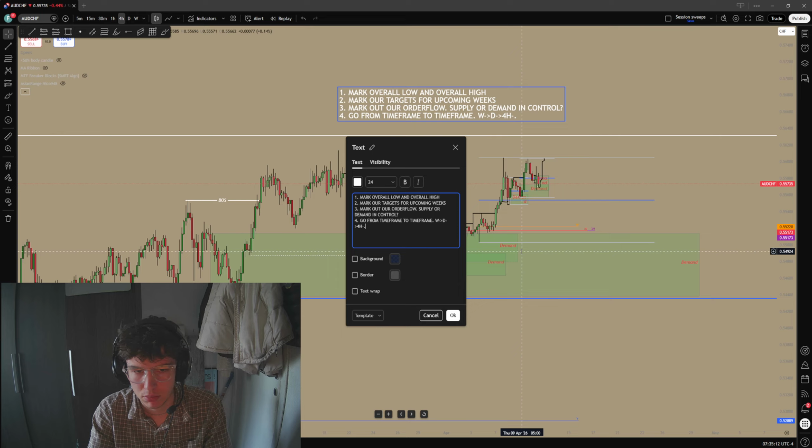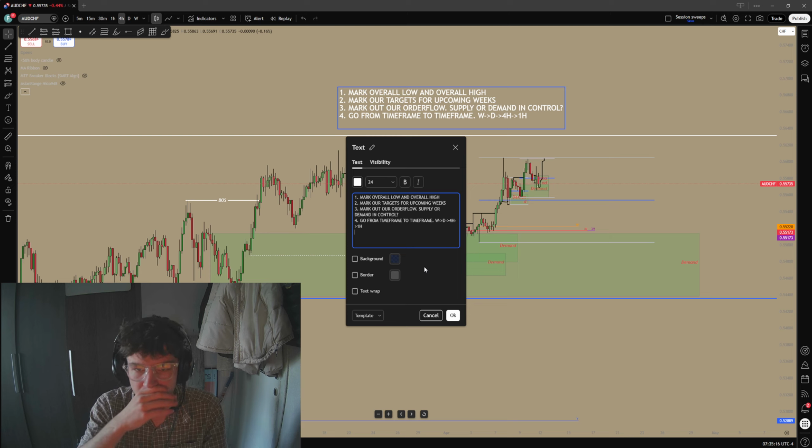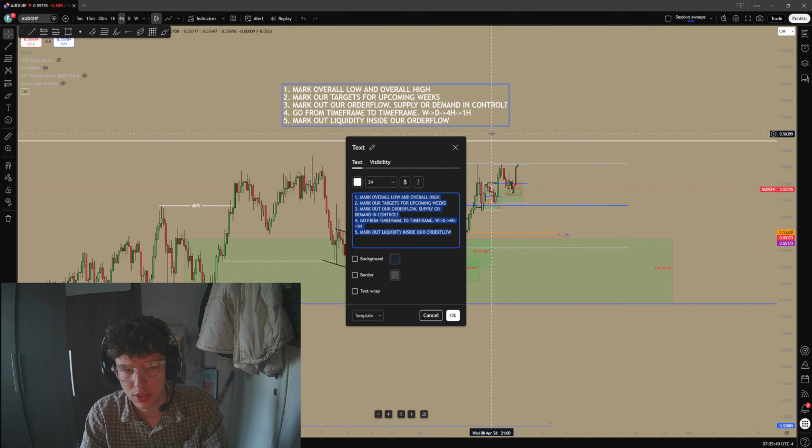It depends what I want to trade. For gold, I use a 1 hour and a 15-minute because it's a very high volume index. Step 5 is mark out liquidity inside our order flow. This is it. Now, step 6.